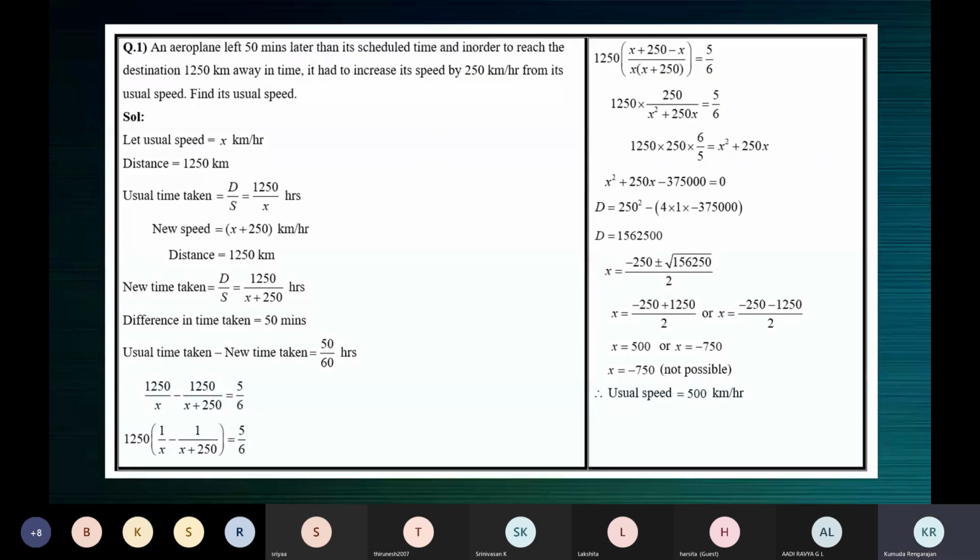We saw this in the last class, children. You can see here, usual time taken, this is the new time taken. The difference in time taken is 50 minutes. The usual time is more than the new time. So usual time taken minus new time taken is 50 minutes, which is 50 by 60 hours, or 5/6 of an hour.